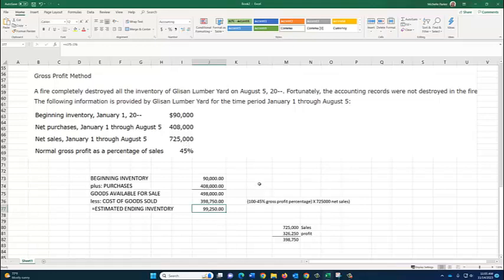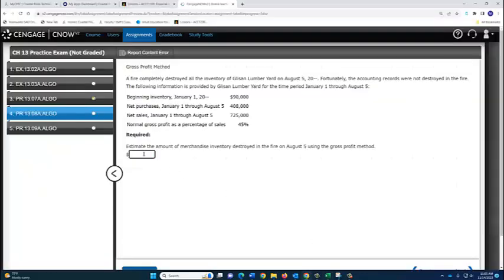So I would just take 55% of the 725,000 and I come up with the same number, 398,750. So whichever way you can remember it better. But after we subtract that, our estimated ending inventory is 99,250. So we'll go back over and enter that as our answer.